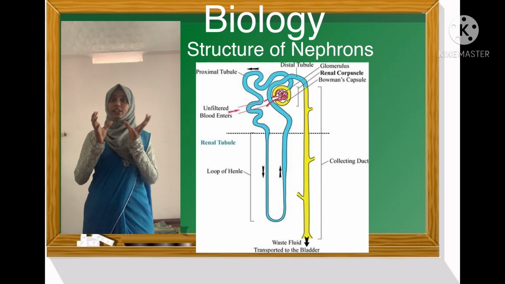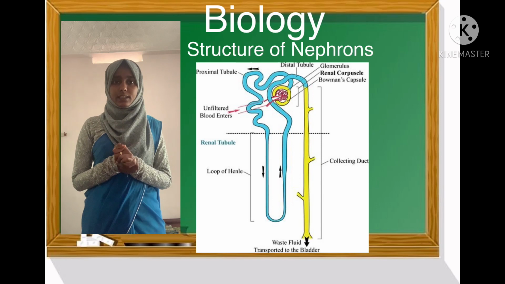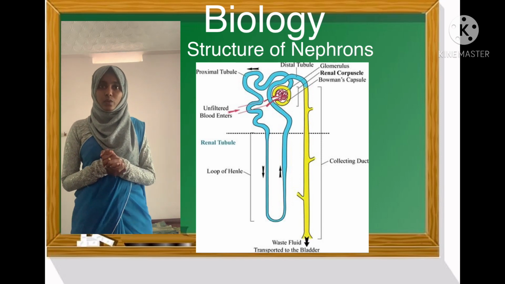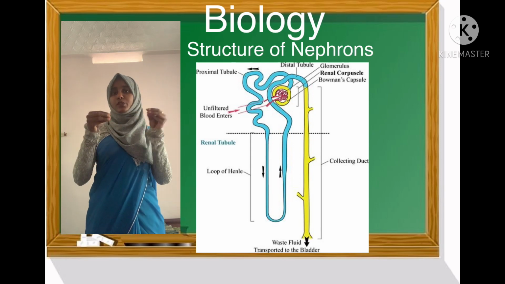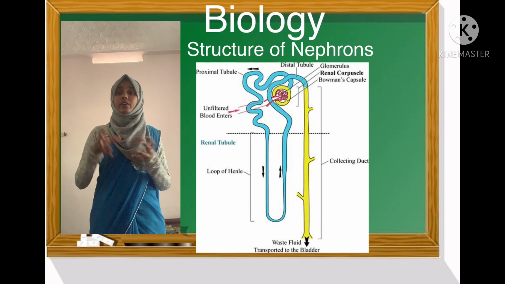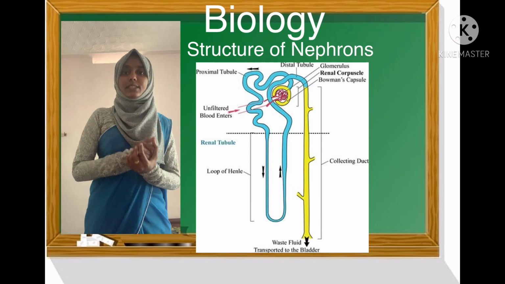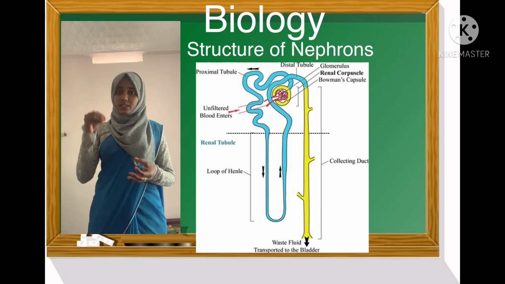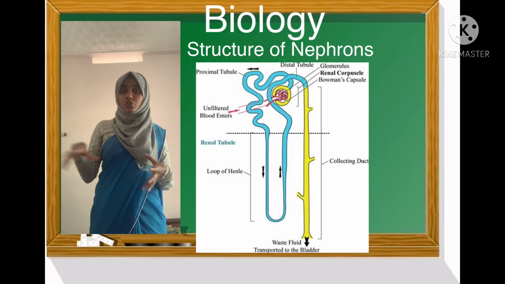So the urine is temporarily carried in the collecting duct. The part where renal tubules join to form the collecting duct, where the urine is collected, and after that the urine gets transmitted to the pelvis.